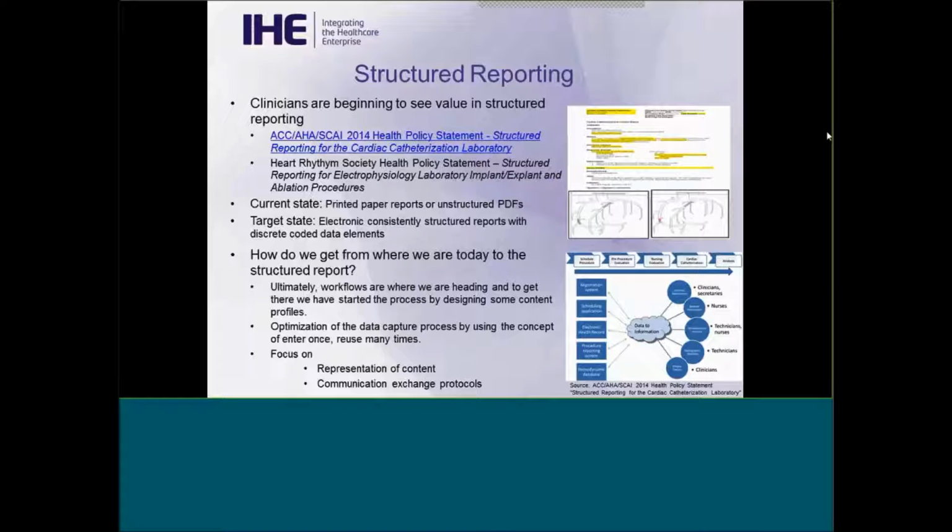The overall goal is to optimize the data capture process so the individual data elements are captured once and then reused multiple times where and when they're needed.